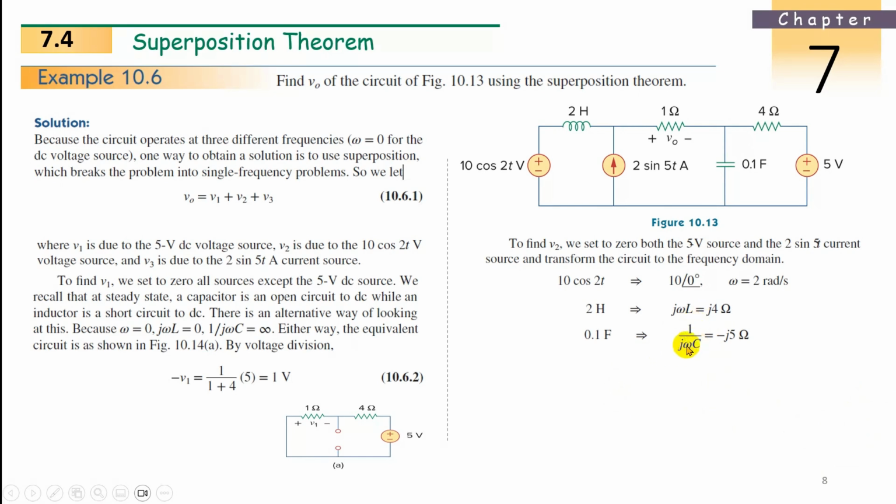It becomes j square, which is minus. So that is minus j5. Omega C is 0.1 into 2, 0.2. 1 divided by 0.2 is 5. So this is minus j5.